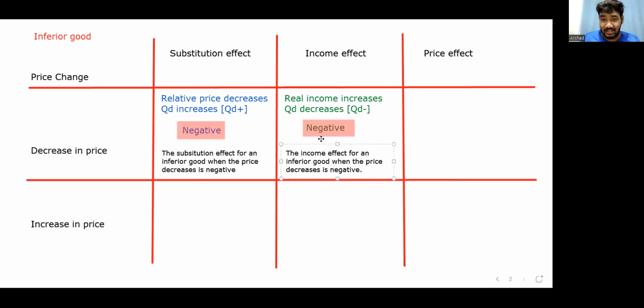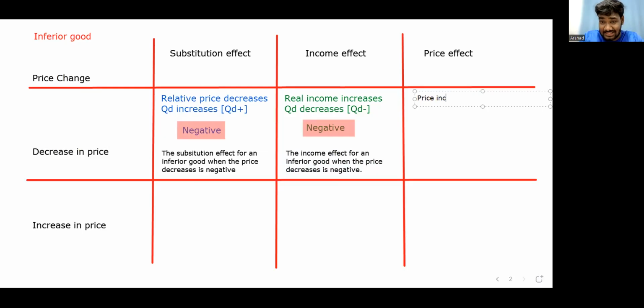Negative income effect for an inferior good when the price decreases is negative. That's what I'm writing here. Income effect, inferior good, when the price decreases, negative. So I'm going to circle that.